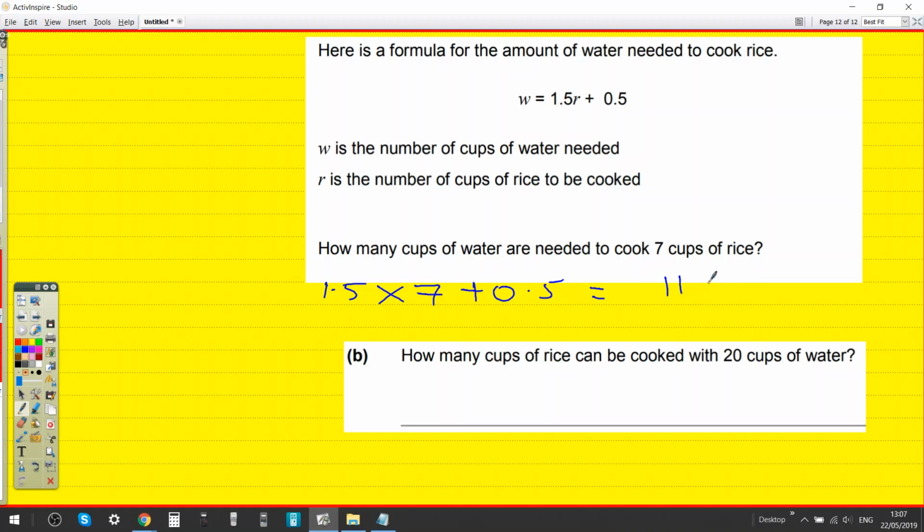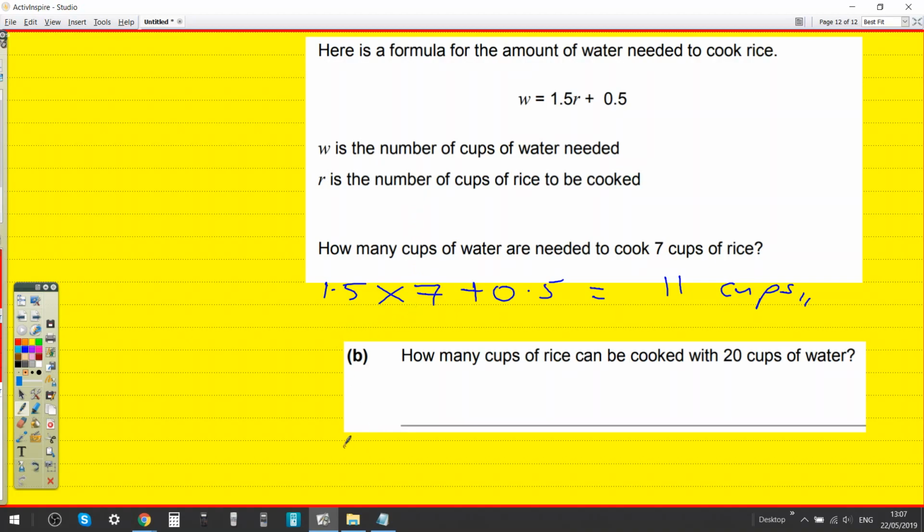How many cups of rice can you cook with 20 cups of water? So we know that it's equal to 20. So could you use algebra to solve this?